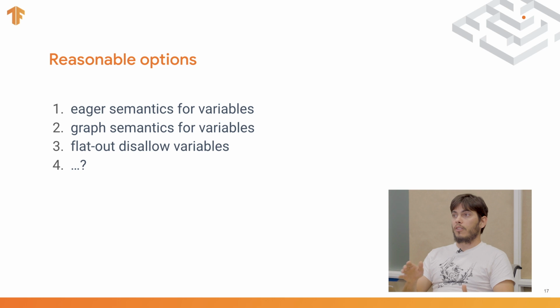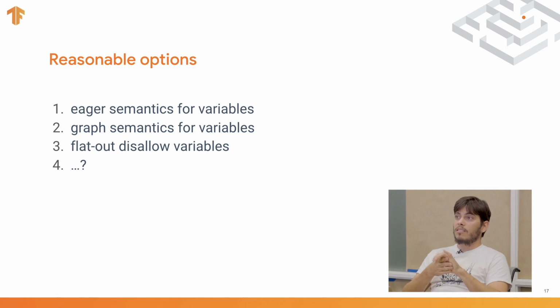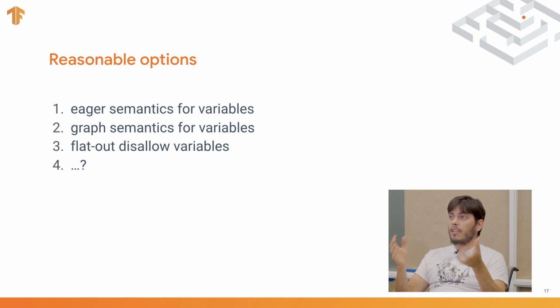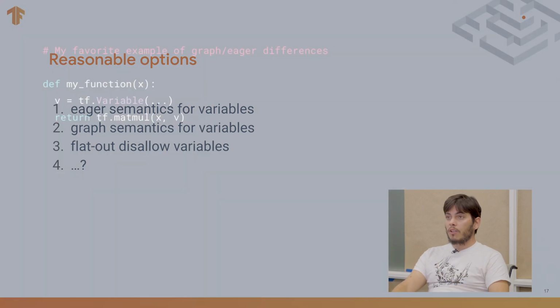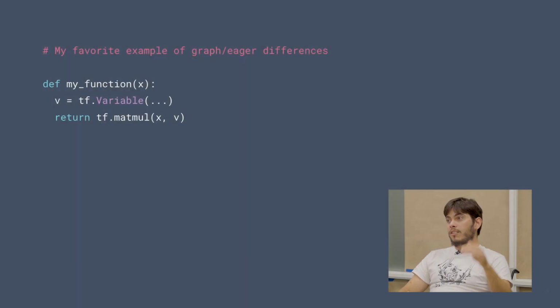So we just disallow this. And there are a few reasonable options we could take with tf.function. One is that tf.function should follow the eager semantics for variables. So when you have code like this, we will insert a create variable op, insert a matmul, insert a destroy variable op, and then return the value of the matmul.